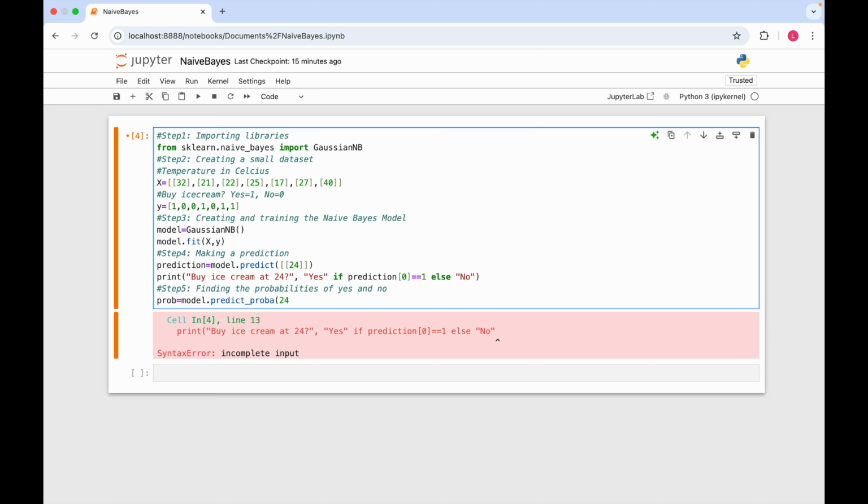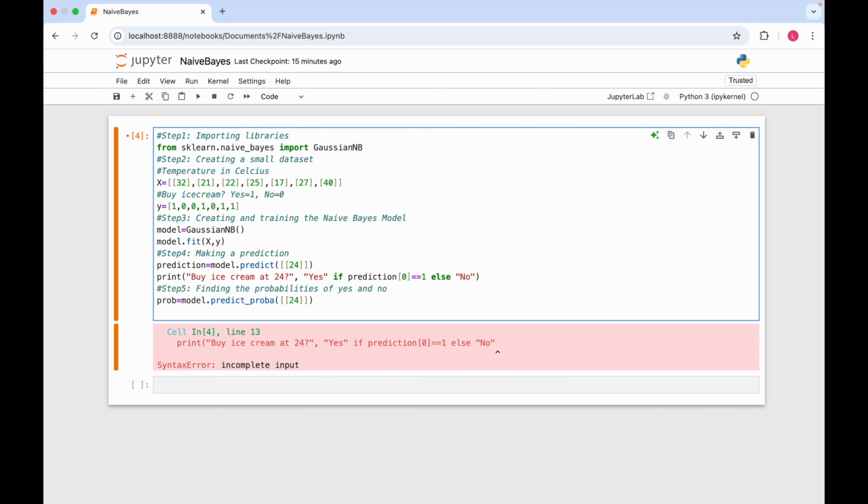And I will print the probability of no and then yes.